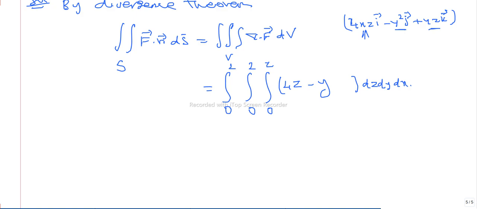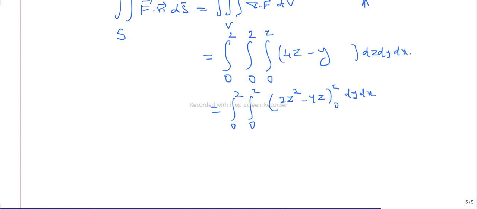Now if you integrate with respect to z first, integral 0 to 2, integral 0 to 2, we get 2z square minus yz from 0 to 2, dy dx.